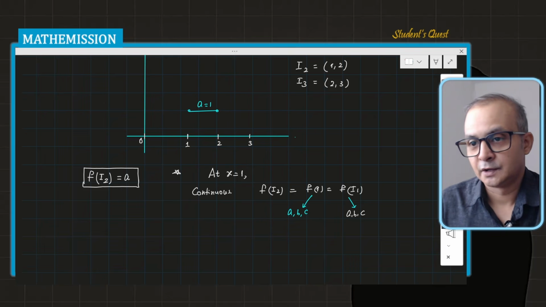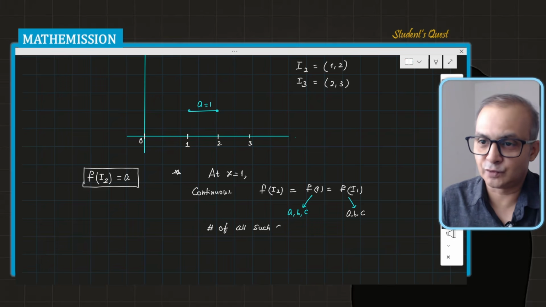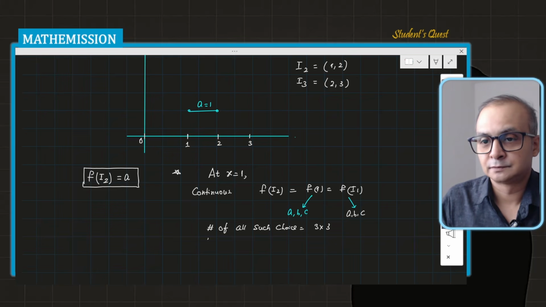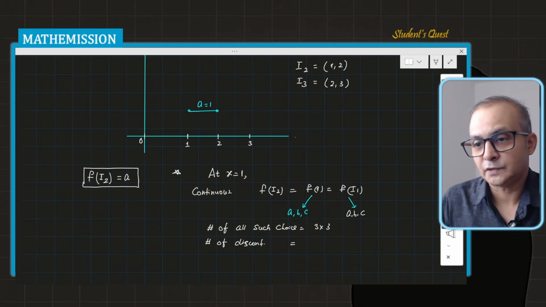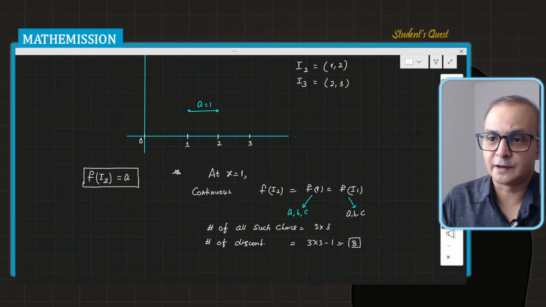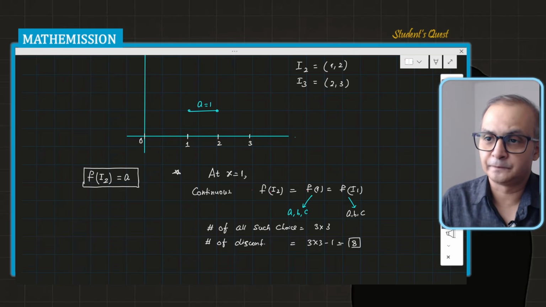So the number of all such choices is 3 into 3. But the number of discontinuous choices is going to be 3 into 3 minus 1 only, because there is only one possible case in which the function can be made continuous, when all these 3 values are equal to A.